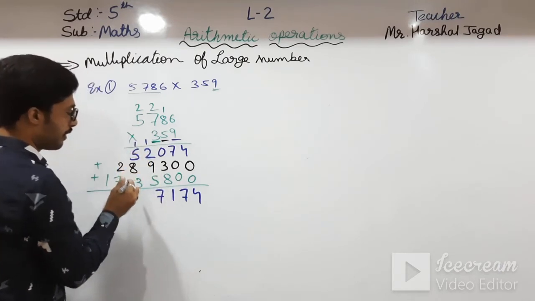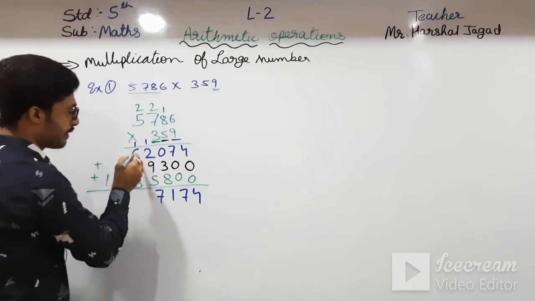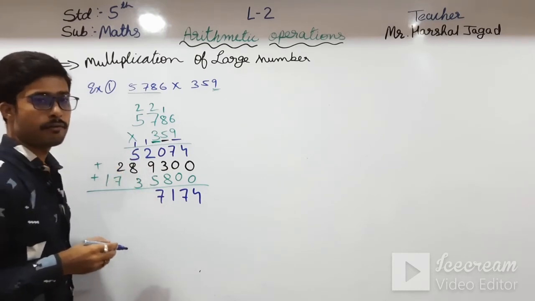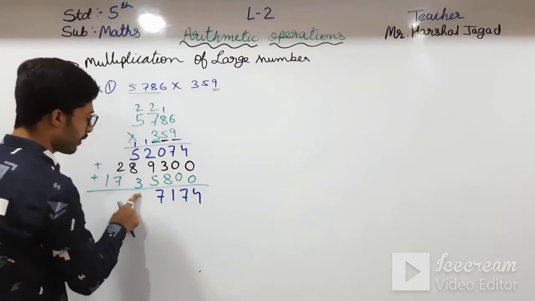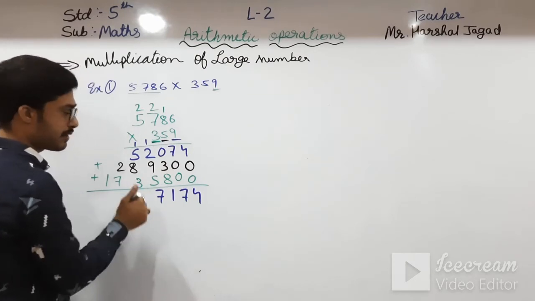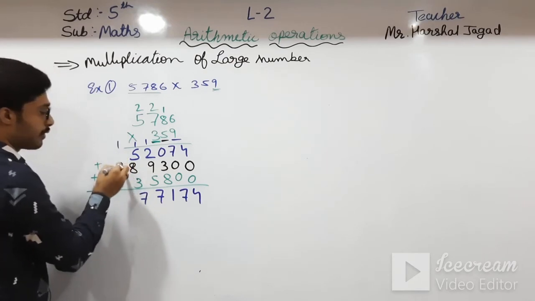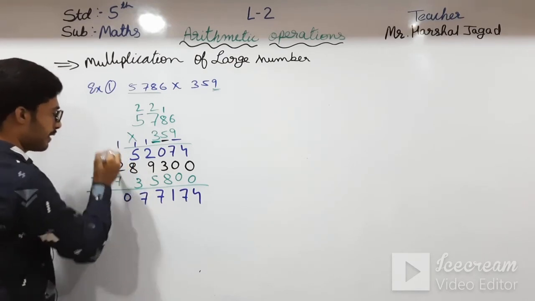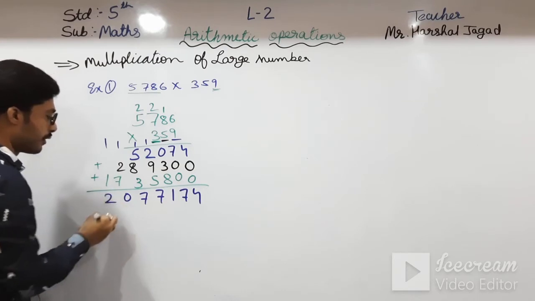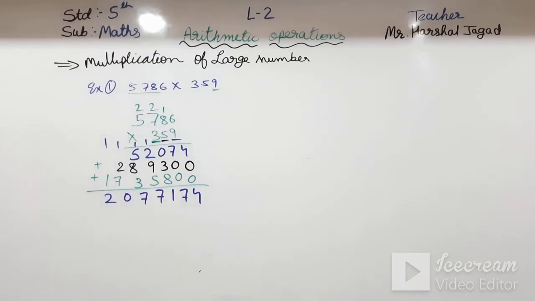Here comes 6. 6 plus 8, 14. 14 plus 3, that is 17. Here 2 plus 1, 3 plus 7, that is 10. Then here will be 2. So this is our answer. Please note down this, students.